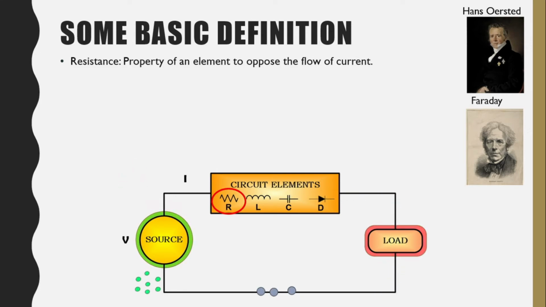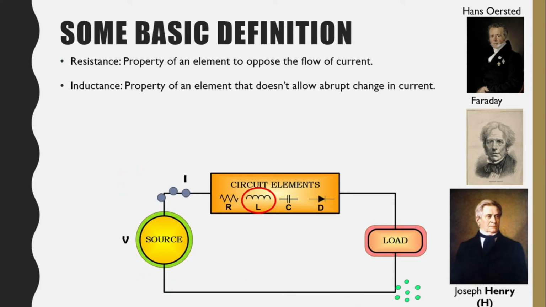A similar thing was observed by Faraday, who also experimented with two conducting circuits in spatial proximity, showing the effect of a changing magnetic field produced by one circuit inducing voltage in the other circuit. And finally, the work done by Joseph Henry gave the credit to the inductor, and the unit of inductance was named after him, that is Henry, and the symbol is H.